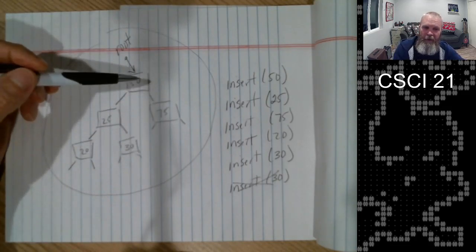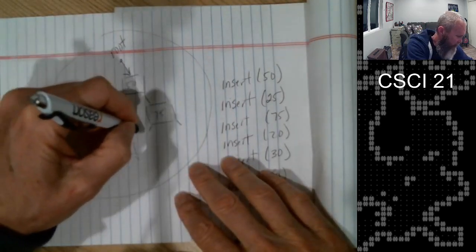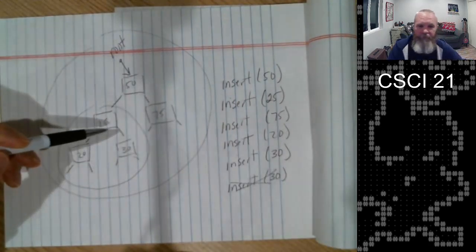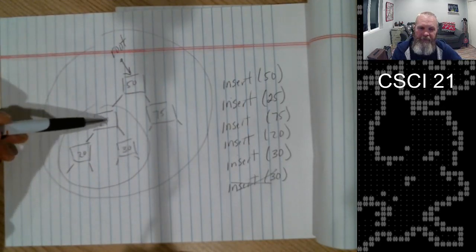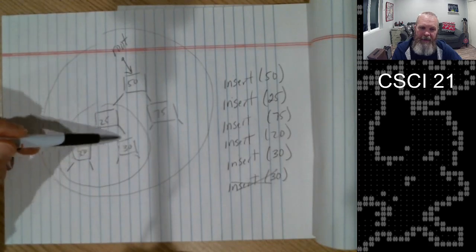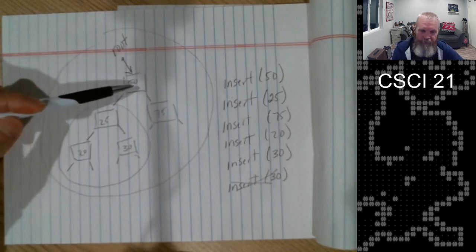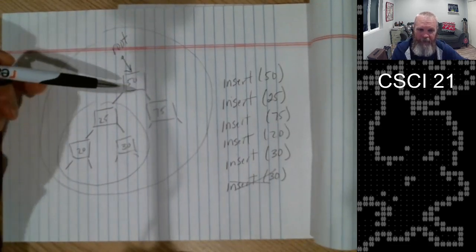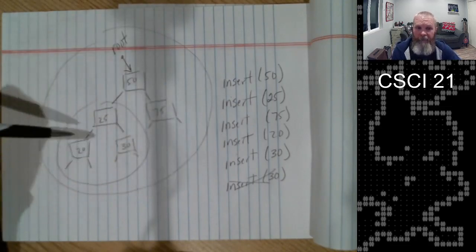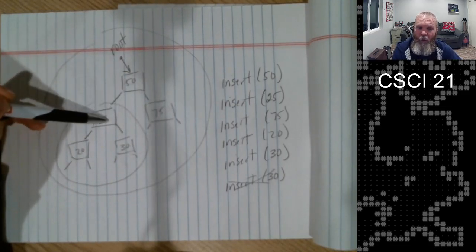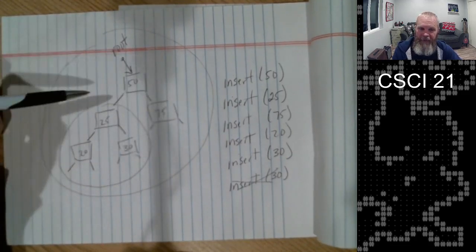Because if you think about it, if I go left from 50 and I isolate this, that's kind of its own tree. And if I do that, do you see that this tree on its own is actually sorted left to right? So it can be very helpful for developing these algorithms to think of the tree as a series of a whole bunch of smaller trees that have been connected together.